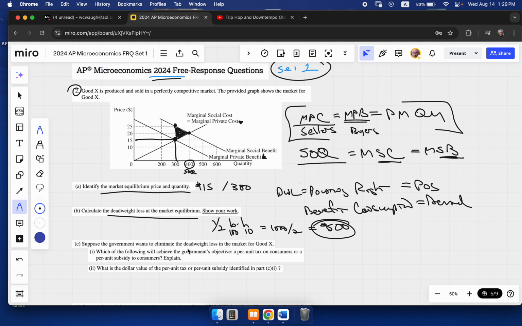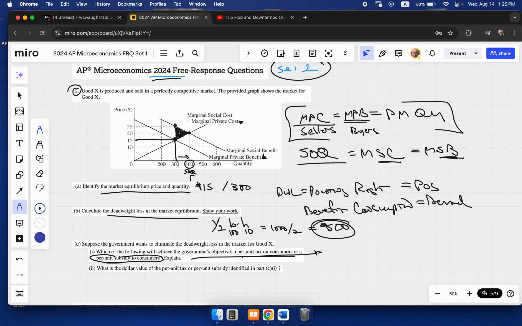Easy enough. Suppose the government wants to eliminate the deadweight loss, so they want us to actually consume the socially optimal quantity. Therefore, there needs to be more of this consumed, not less. So you would not want to tax this good, you want to subsidize it.